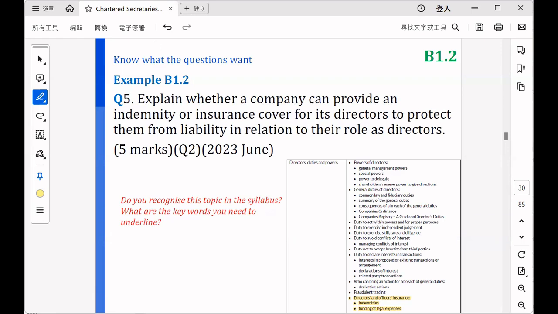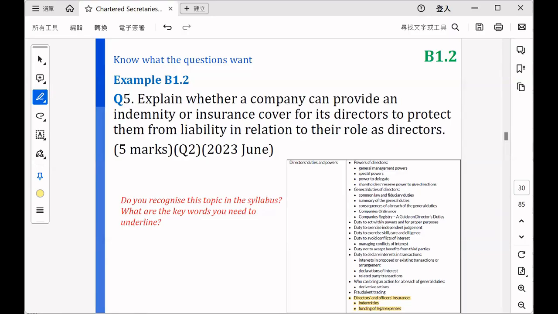I think this is a pretty straightforward question. Just like the earlier question, if you have learned about the topic, just like the care, skill and diligence example, if you know section 465, then you know the answer. If you don't, then you will have 0 marks.